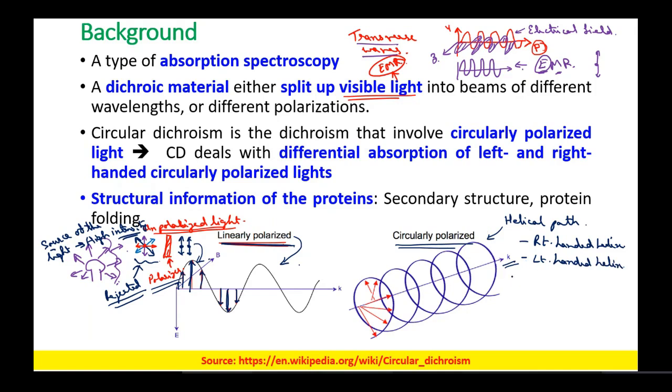So in the right-handed helix, this beam will be moving in a right-handed direction, whereas in the left-handed helix, the direction of movement of the beam would be towards the left-hand side. So in the left-handed helix, it would be something like this.